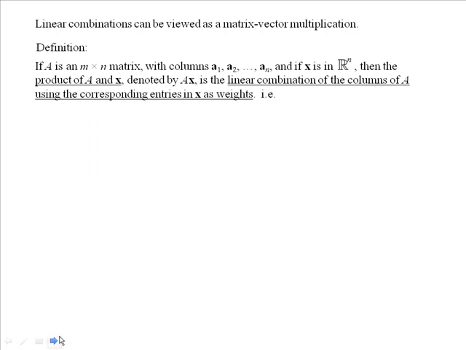In this definition, if A is an m by n matrix with columns that are vectors a1, a2 through an, and if X, the vector, is in Rn space, meaning it has n entries, then the product of our matrix A and our vector X, denoted by AX, is the linear combination of the columns of A using the corresponding entries in our vector X as weights.